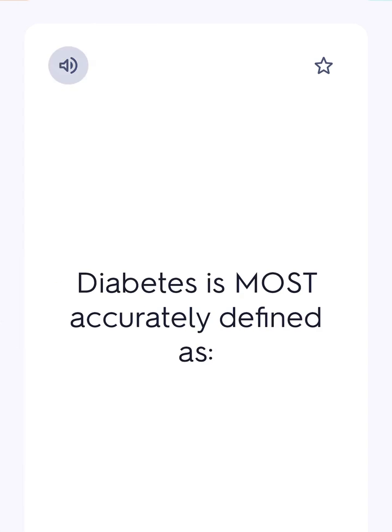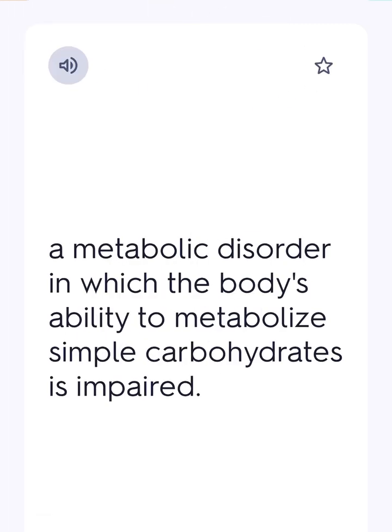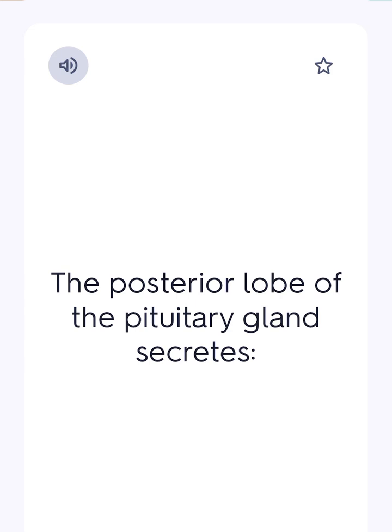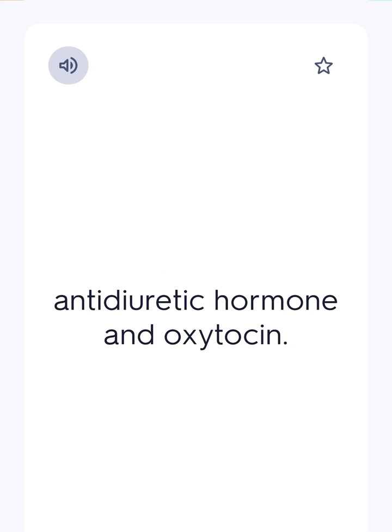Diabetes is most accurately defined as a metabolic disorder in which the body's ability to metabolize simple carbohydrates is impaired. The posterior lobe of the pituitary gland secretes antidiuretic hormone and oxytocin.